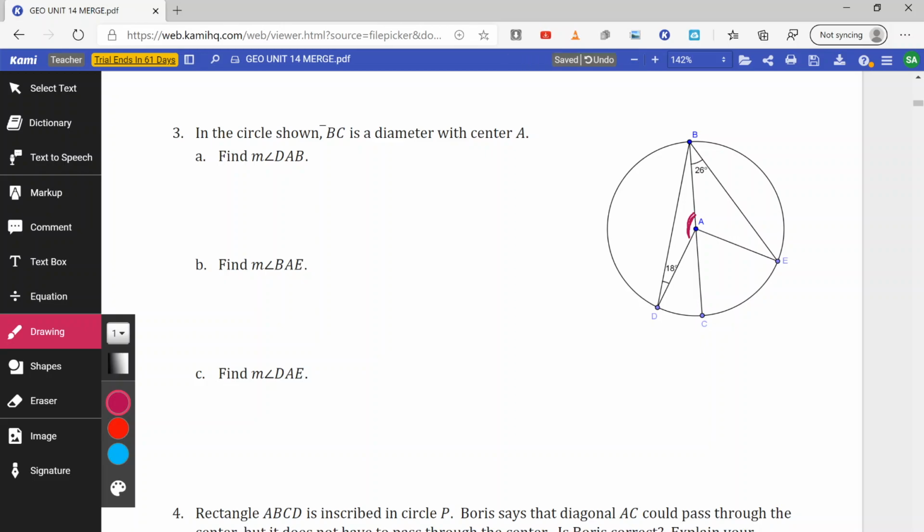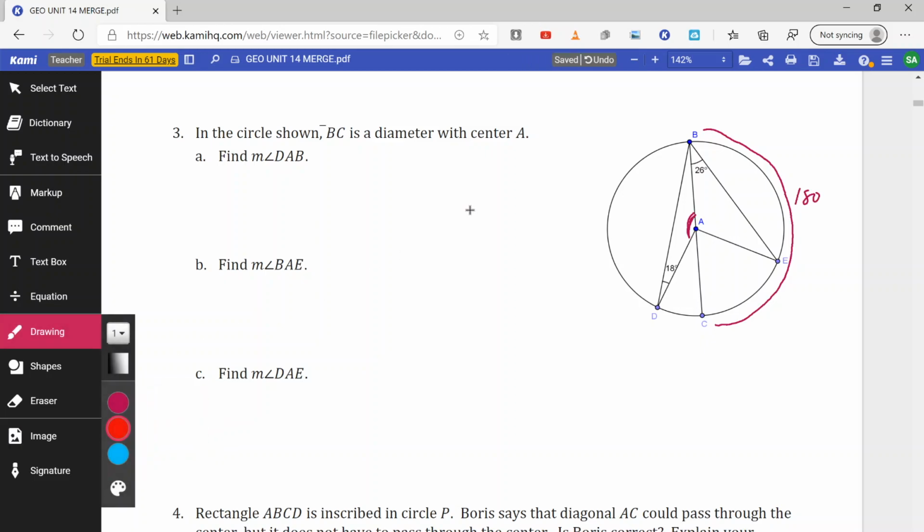So first things first, we need to find out angle measurements or arc measurements. So we know that because B to C is a diameter, arc BC, well, rather BEC, is going to be 180 degrees.